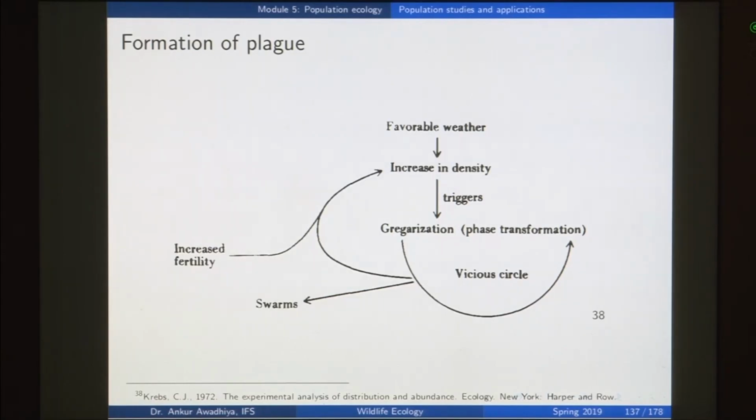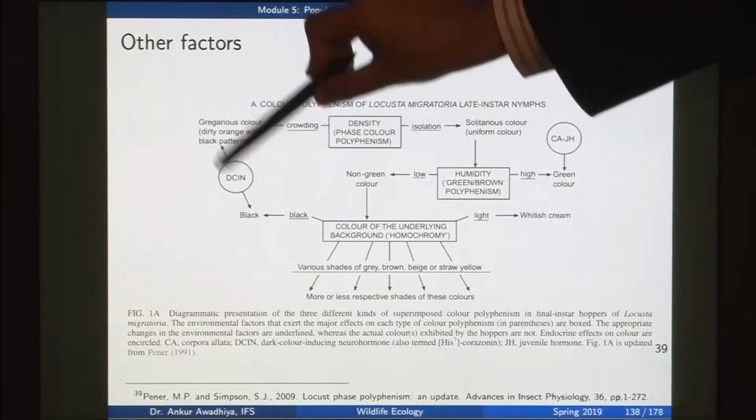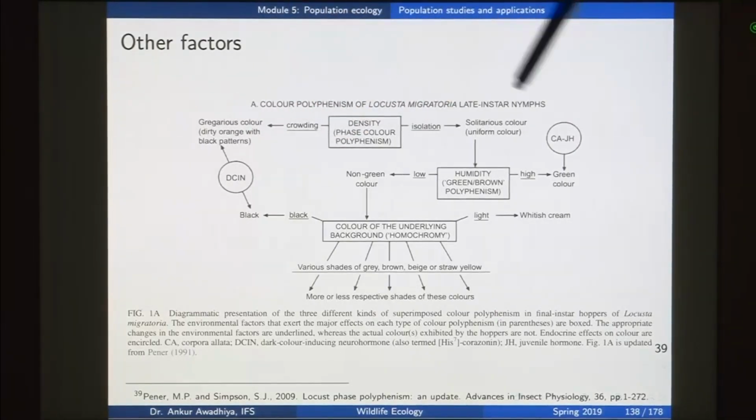Now we are getting into the biochemical aspects of this ecology, and this work is still continuing. We now know that there are certain juvenile hormones leading to this change in color, and some neurochrome molecules also leading to this change in color, and we are now working on these aspects.